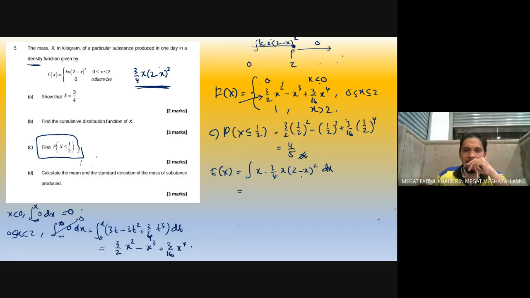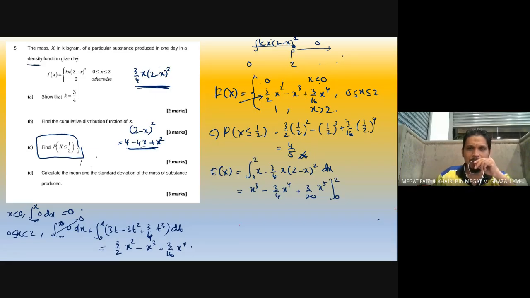For this one, (2 minus x) squared is 4 minus 4x plus x squared, multiplied with 3 over 4 and x. So it's going to give you x cubed minus 3 over 4 x to the power of 4 plus 3 over 20 x to the power of 5, from 0 until 2.